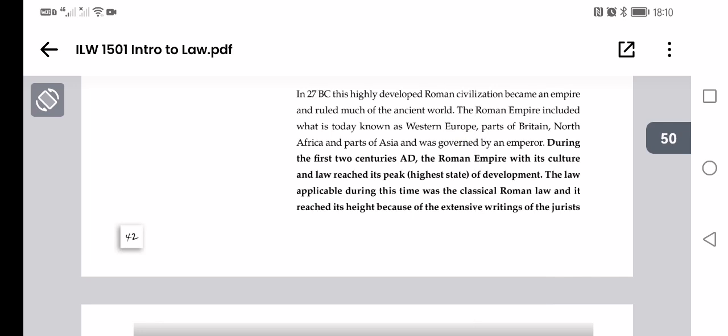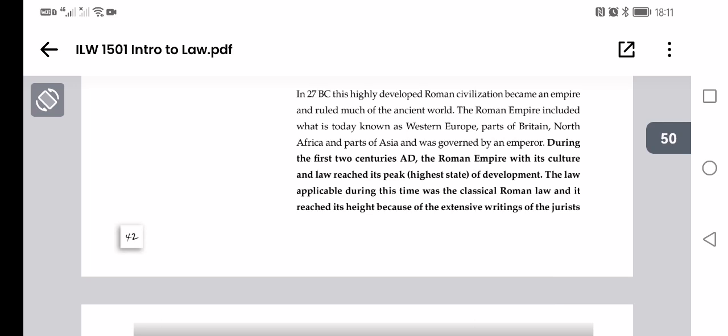In 27 BC, this highly developed Roman civilization became an empire and ruled much of the ancient world. The Roman Empire included what is today known as Western Europe, parts of Britain, North Africa, and parts of Asia, and was governed by an emperor. During the first 2 centuries AD, the Roman Empire, with its culture and law, reached its peak, its highest state of development.